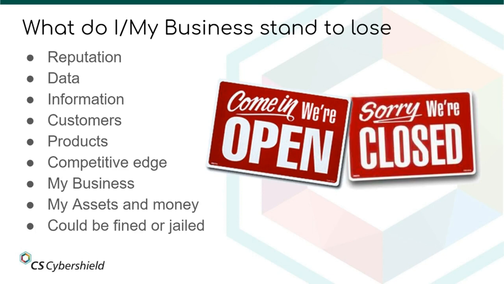This can all fall apart if your cybersecurity isn't good enough to keep the cyber criminals out or to help with the people problem inside the business. And as you can see, the last point, once again, the manager or all relevant parties could be fined or jailed. So this is quite a big hype and a serious issue.